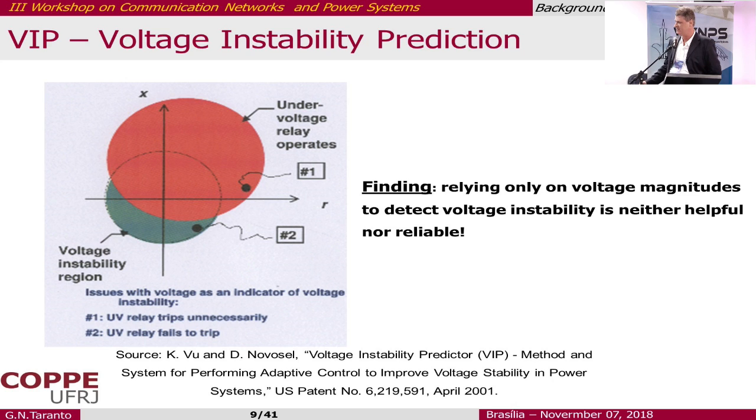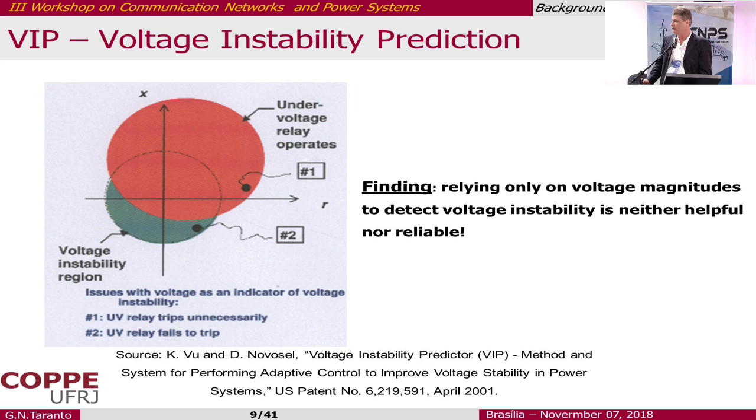And if the system follows trajectory number 2, the system would enter the voltage instability region without being observable by the under voltage relay. So relying only on voltage magnitude to detect voltage instability is neither helpful nor reliable, because you can have voltage instability with high voltages in the system.